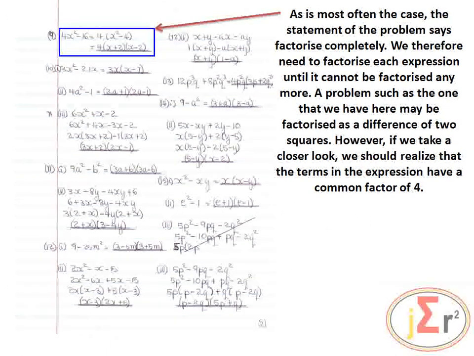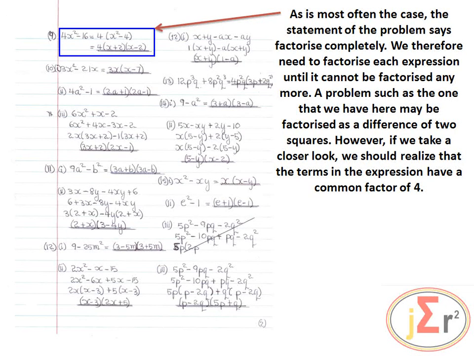As is most often the case, the statement of the problem says factorize completely. We therefore need to factorize each expression until it cannot be factorized anymore. A problem such as the one that we have here may be factorized as a difference of two squares.